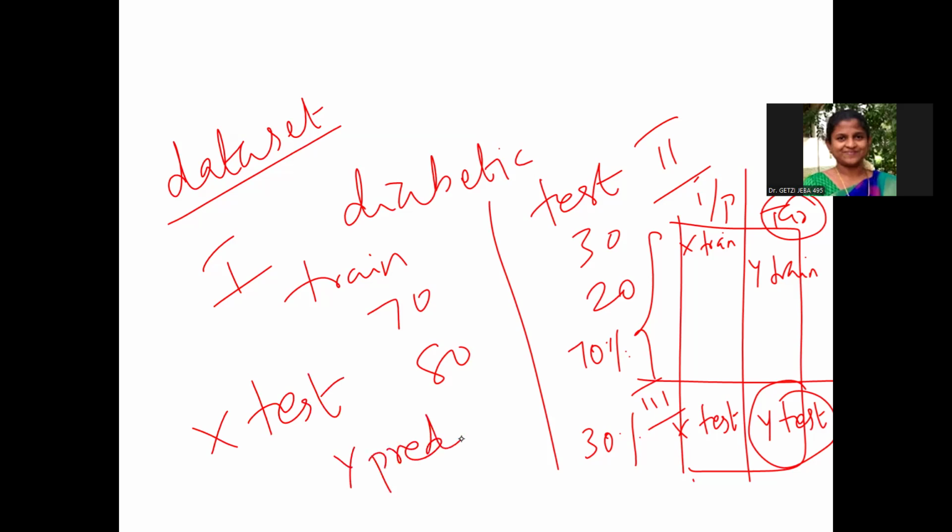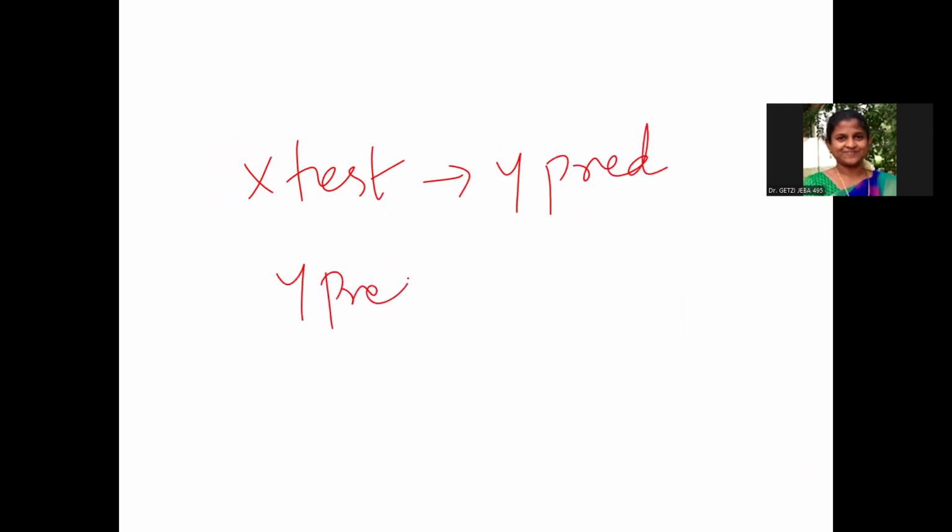Now you will compare this Y predict with Y actual, that is Y test, and then you will say the algorithm is 90% accurate.